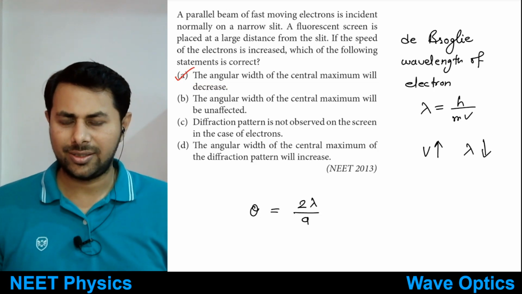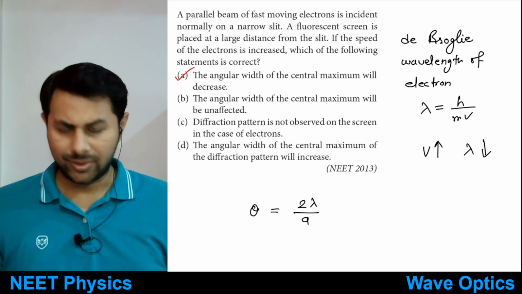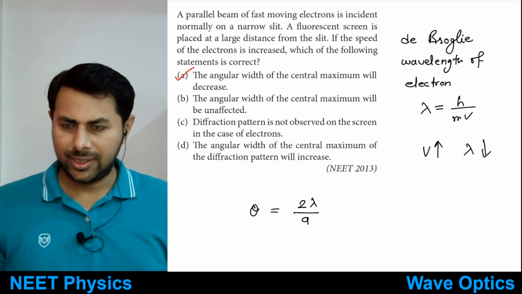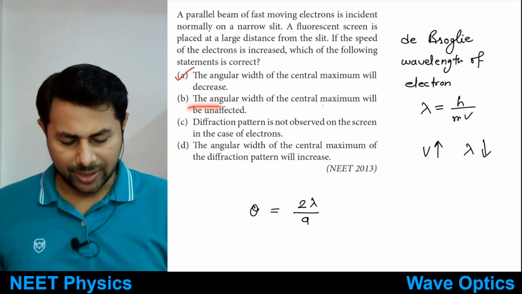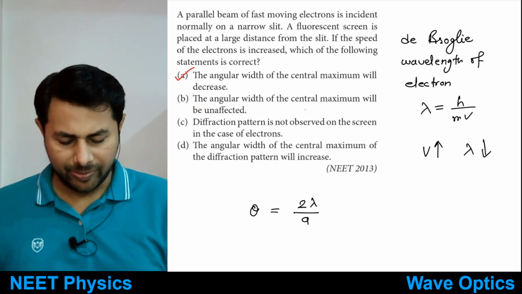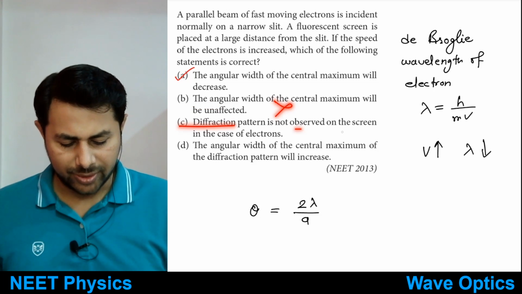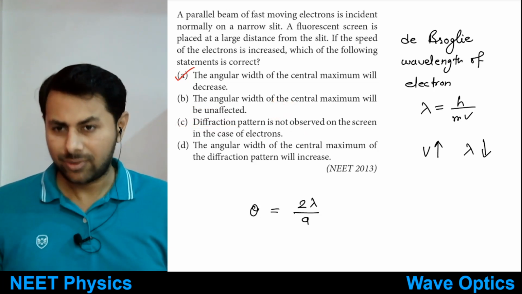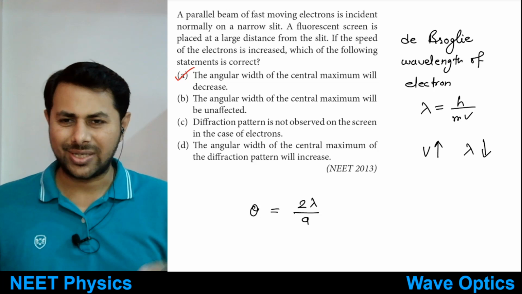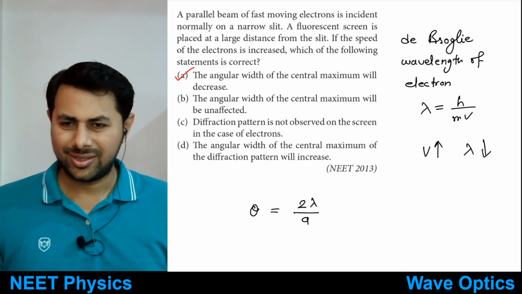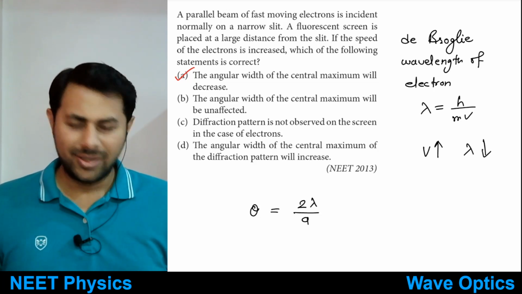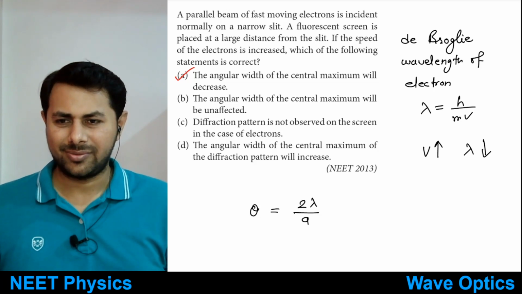This is clear? Okay, let us read out the other options. The angular width of central maxima will be unaffected. That's not correct. Diffraction pattern is not observed on the screen in case of electrons. That is also not correct, because electrons do show wave nature, and therefore there are electron microscopes.